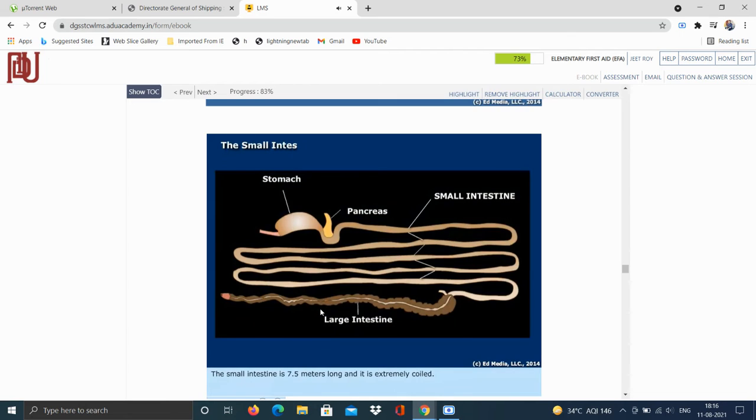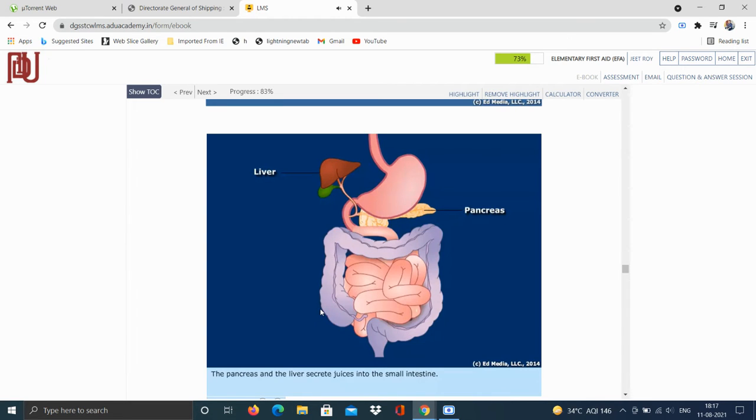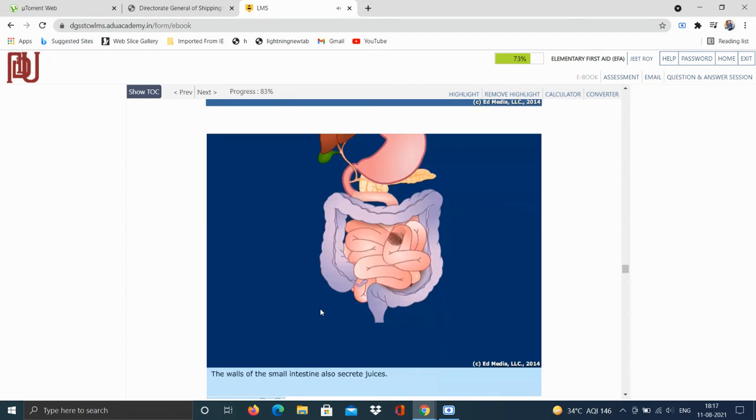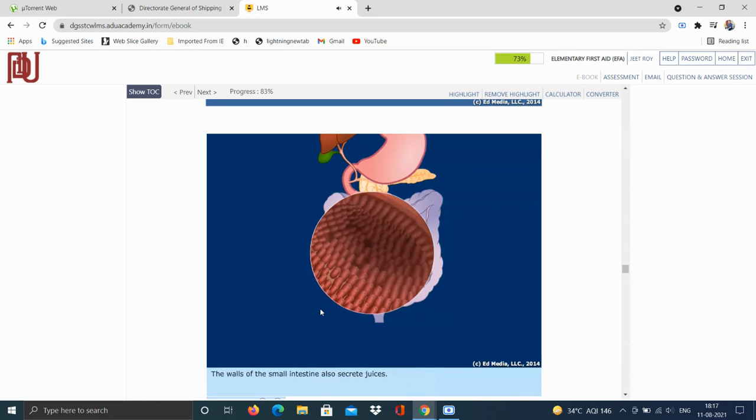The small intestine is 7.5 meters long, and it is extremely coiled. The pancreas and the liver secrete juices into the small intestine. The walls of the small intestine also secrete juices.